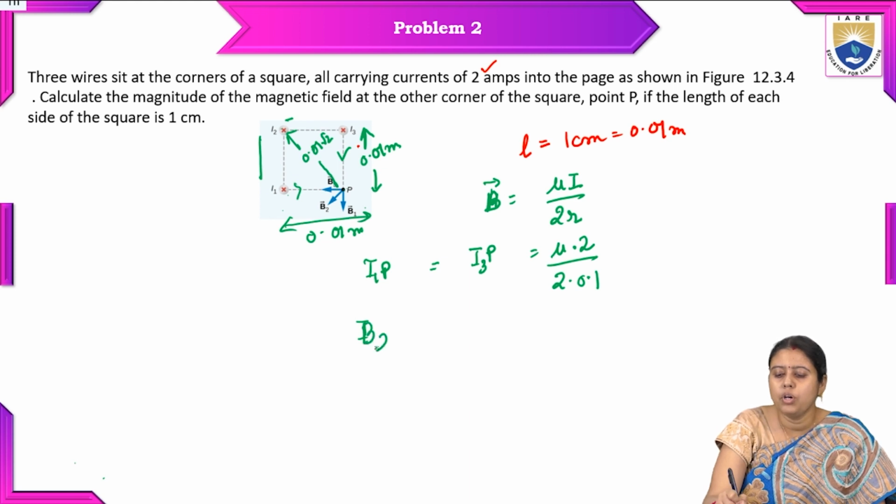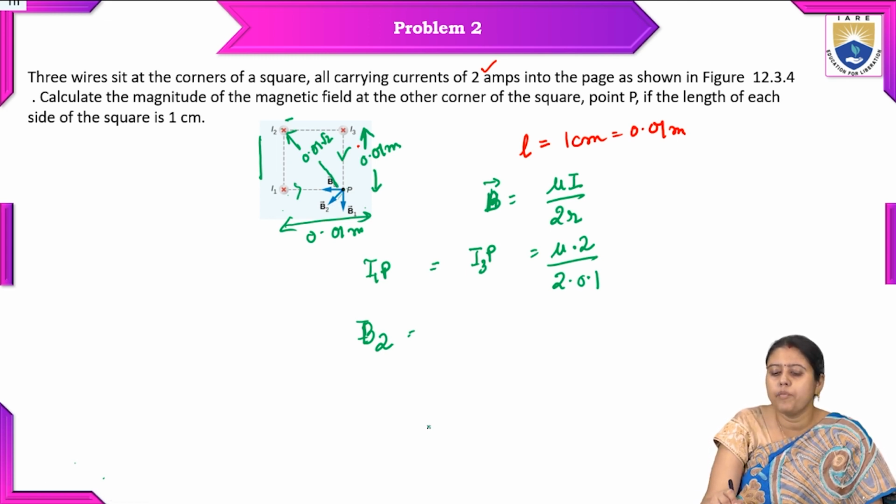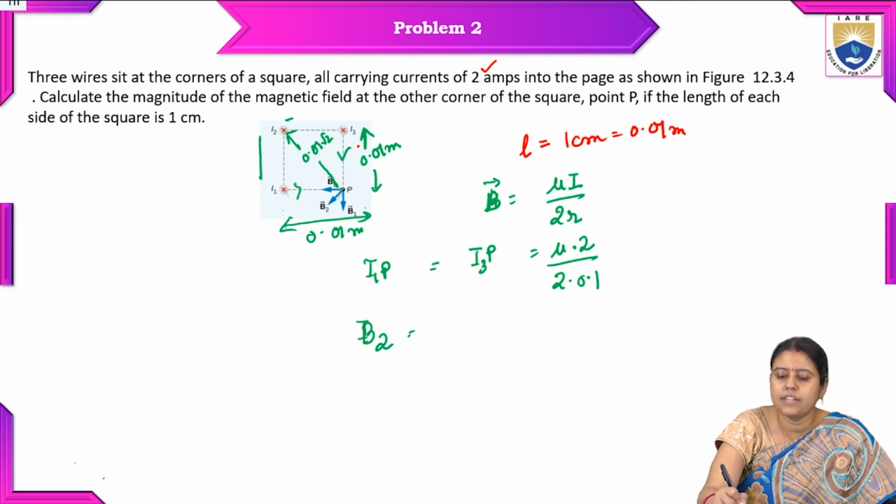What is B2? B2 is again at 90 degrees with this angle. So if we want to calculate the B2, what is the distance between this? It is 0.01 into root 2.